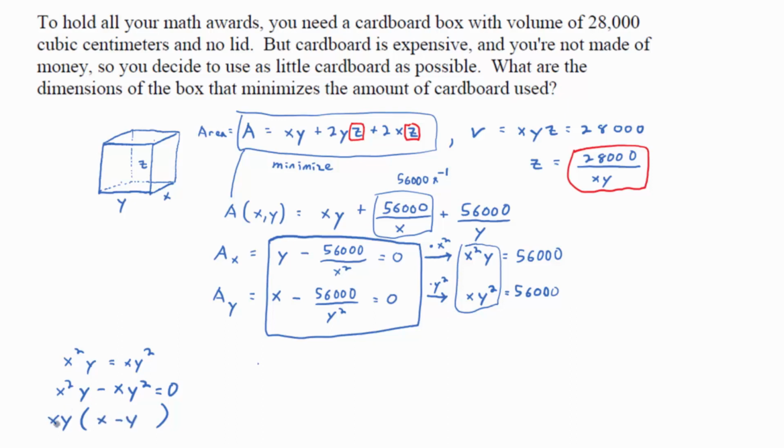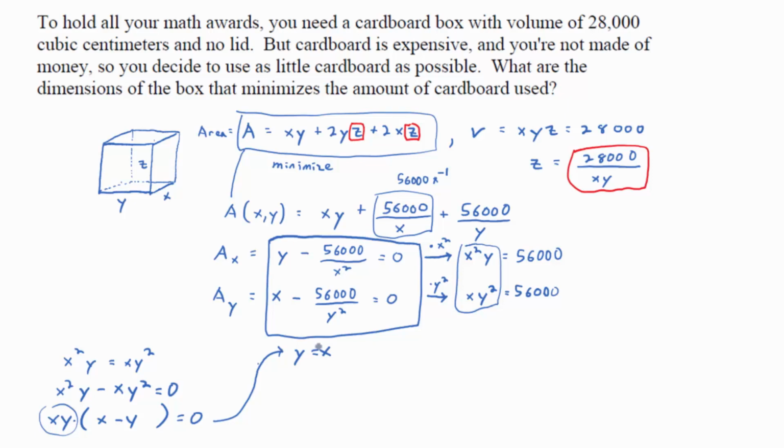So I get x times y factored out, and then x minus y inside the parentheses, equals 0. I'm not interested in when x y is equal to 0, since we know x and y aren't 0 here. So that gives me y equals x. That's not as bad as it looked, right?